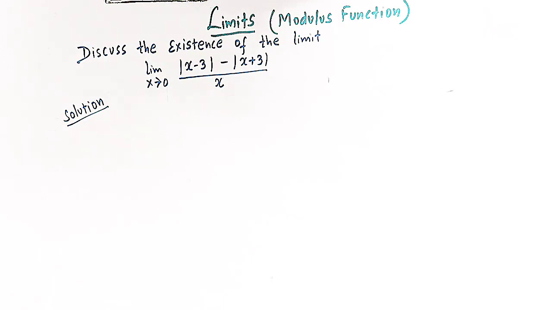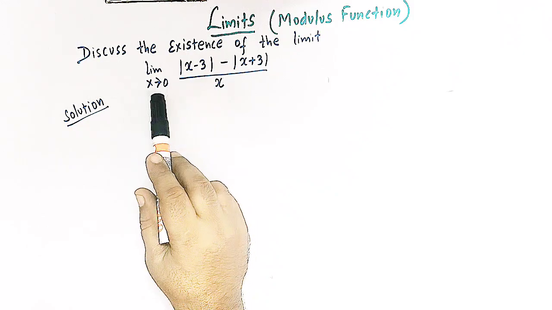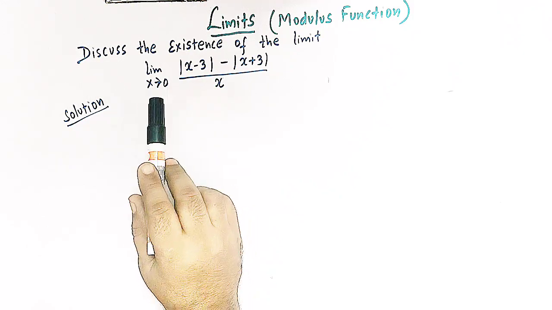So here in order to discuss the existence of this limit, we have to make use of the definition of mod function, right? So if we use the definition of mod function, then we can easily arrive at the right hand limit and the left hand limit of this function when x approaches 0, right?